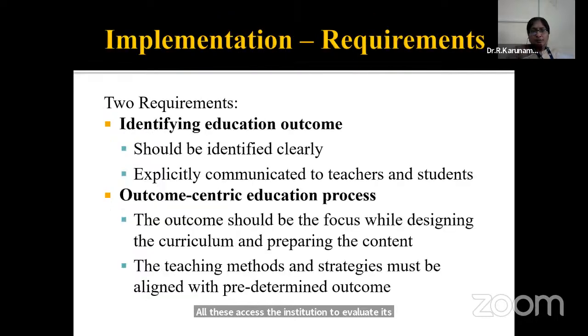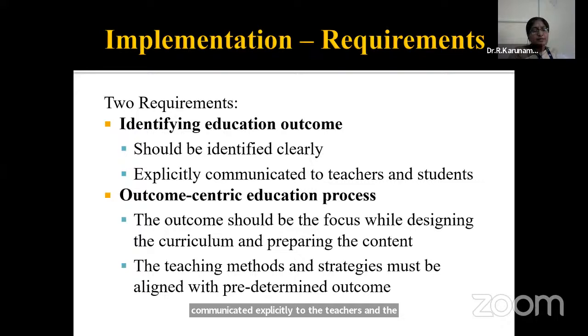The implementation process. The implementation of outcome-based education involves a two-step process. The first one is identifying the education outcome. The education outcome should be identified clearly and communicated explicitly to the teachers and the learners.